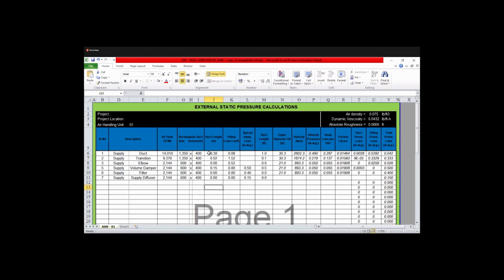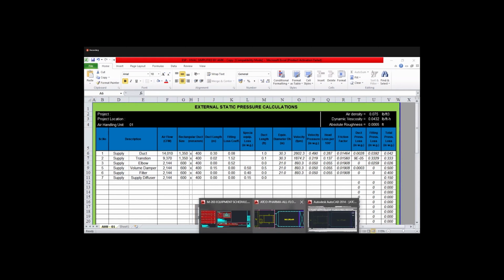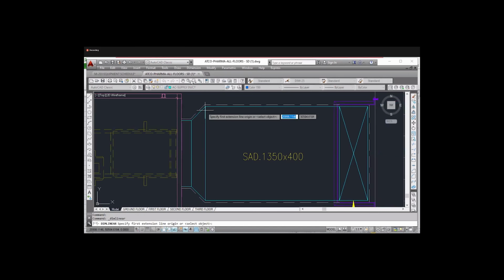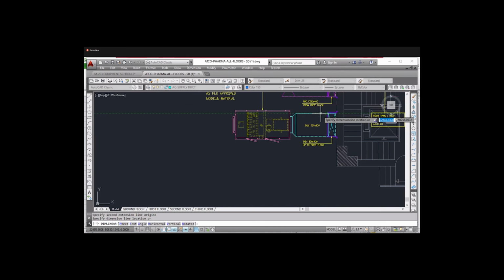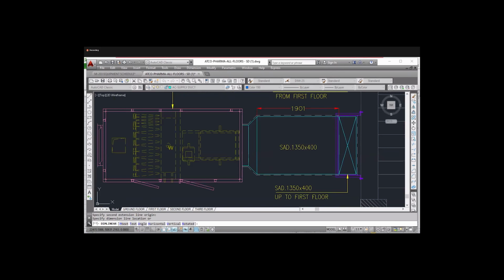Okay. And what is the straight duct length? This is a straight duct here. So what is the length, the dimension and the length? From here the elbow is starting, so we have to take this length. 1901 is the length of the straight duct. So we have to mention here 1901.